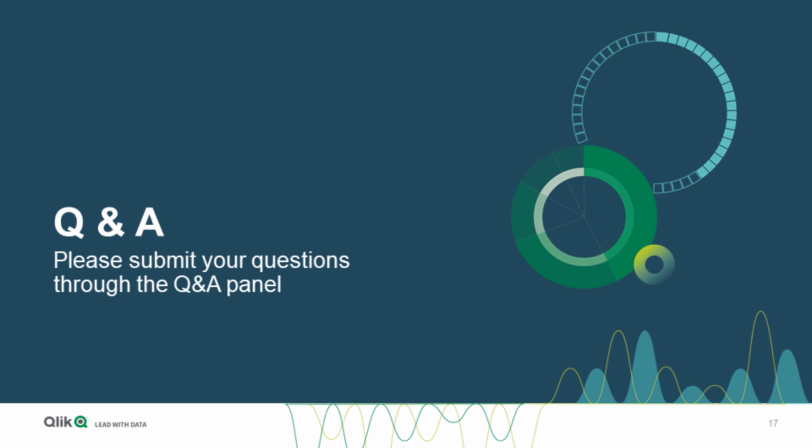The next question is, can you integrate the same API with Qlik Sense SaaS and Qlik Sense on Windows? As I said a bit earlier, some of those APIs, like the capability APIs, are common to Qlik Sense on Windows and Qlik Sense SaaS. More than 90% of the capability APIs are actually the same in Qlik Sense SaaS and Qlik Sense on Windows, as well as the Qlik Sense Engine API.